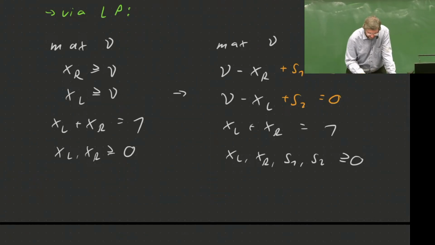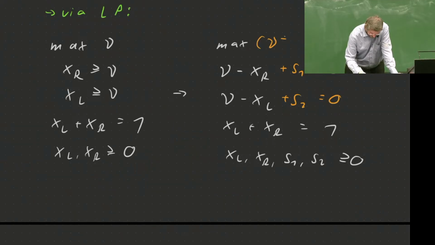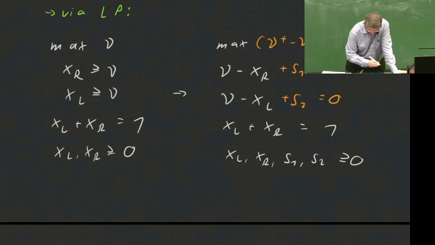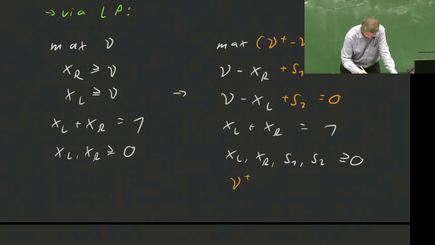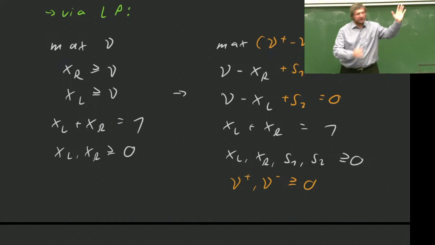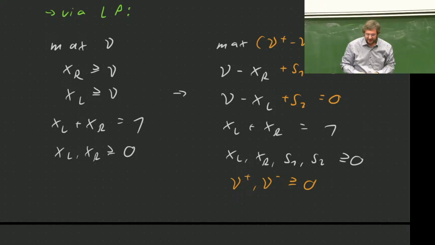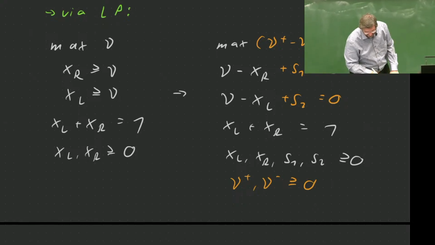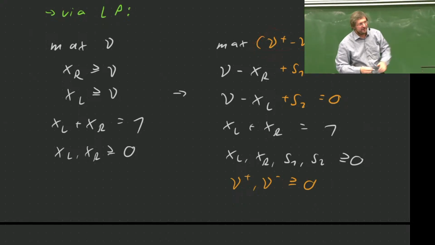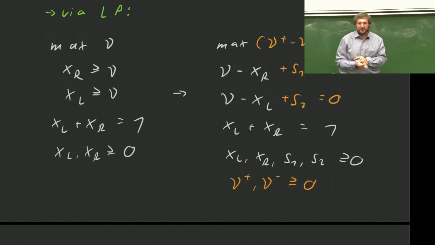So we'd have to replace this variable here by two variables. Basically, we just split it up into a positive and a negative part. We call that mu plus and mu minus. And the idea is that, well, let's say if mu is 5, mu plus will be 5 and mu minus will be 0.